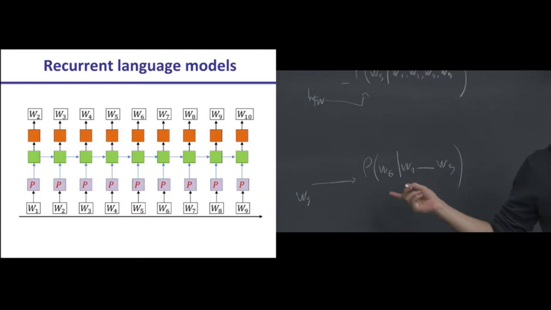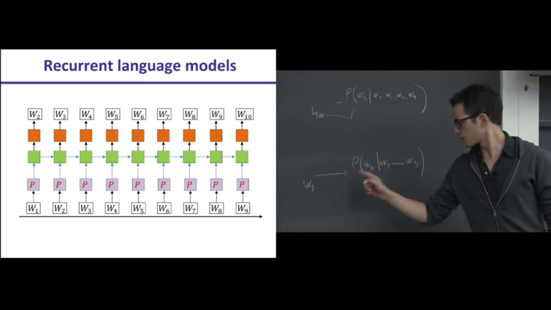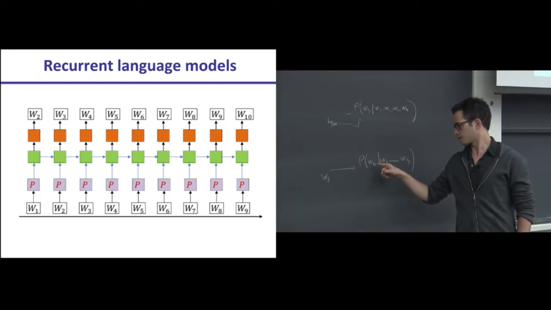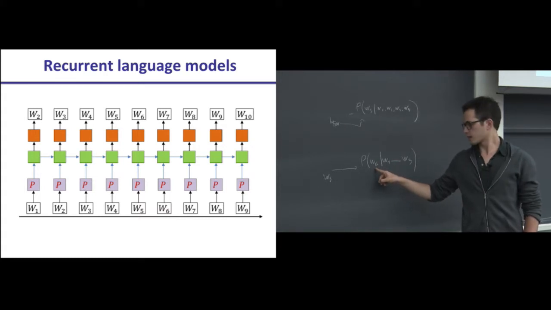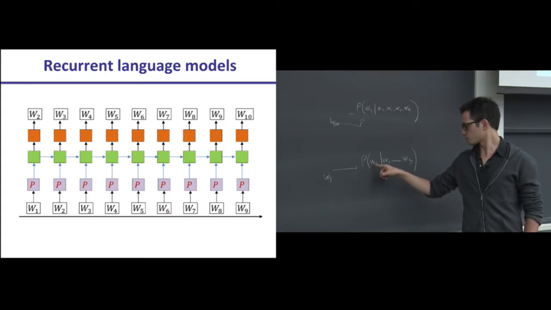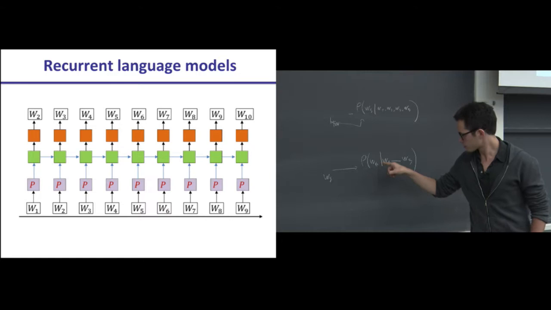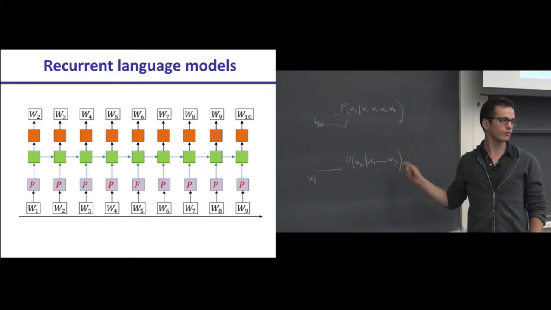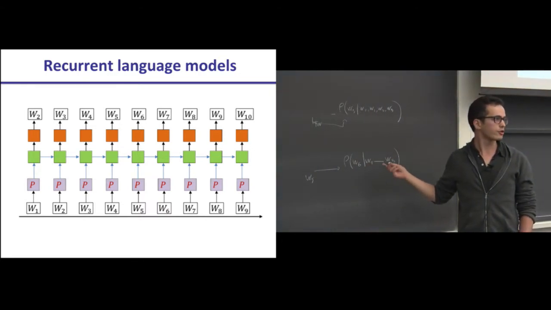The thing is, when I take the argmax of this, I get the conditional probability of W6 with respect to the W5 that I chose at the previous step. But I made a choice at this point.